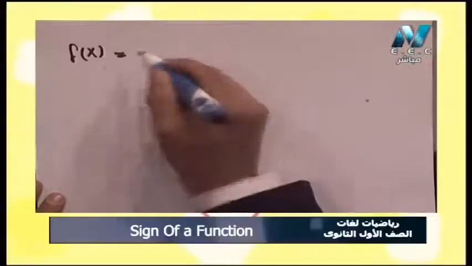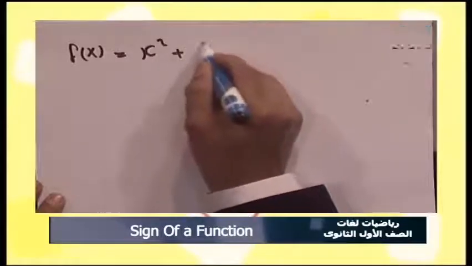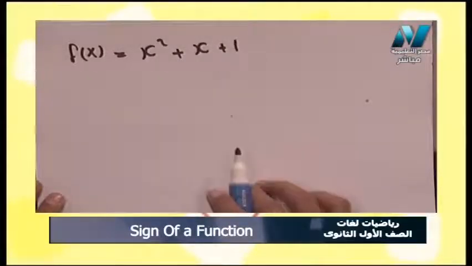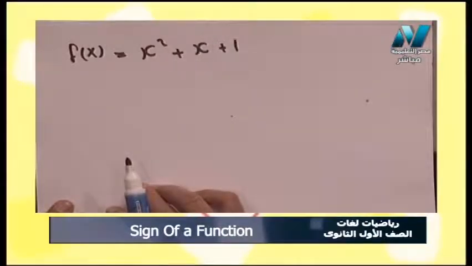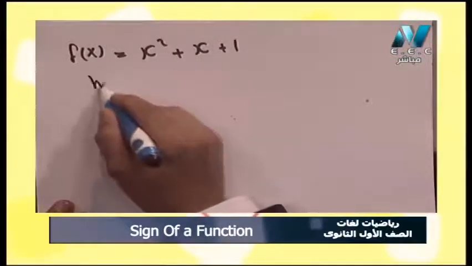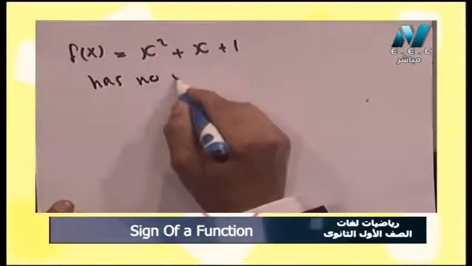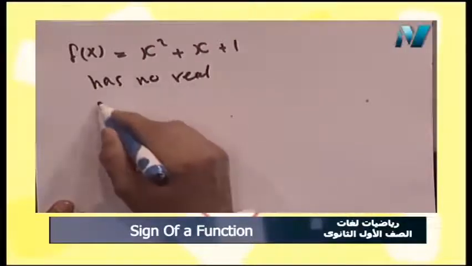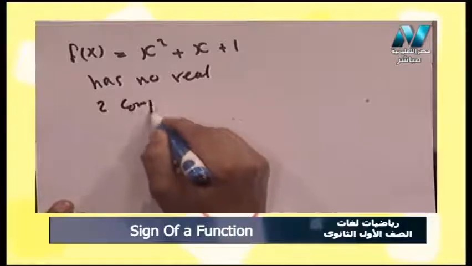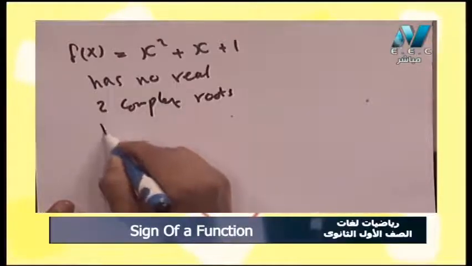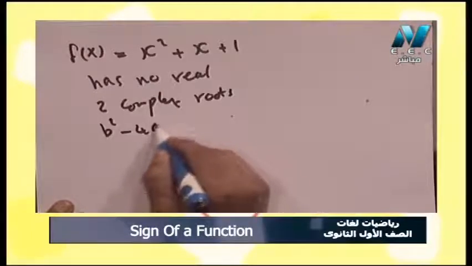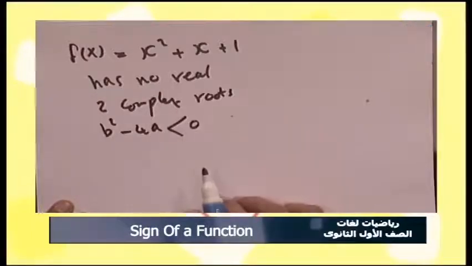If we have f(x) equals x power 2 plus x plus 1, when we try to find the roots of this function, it has no real roots, but it has two complex roots, and the discriminant b power 2 minus 4ac of course will be less than 0, or negative.